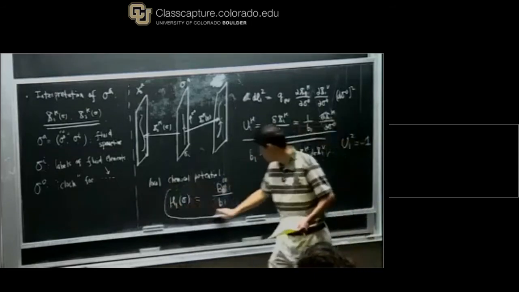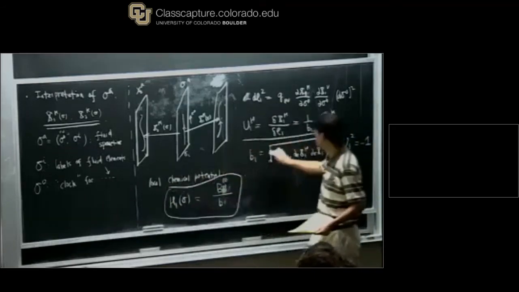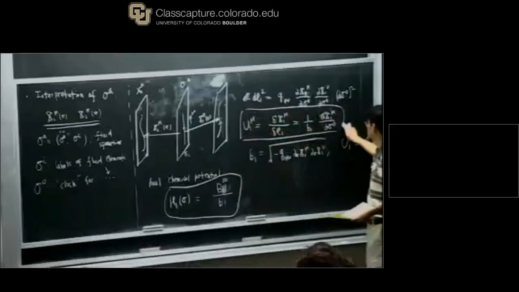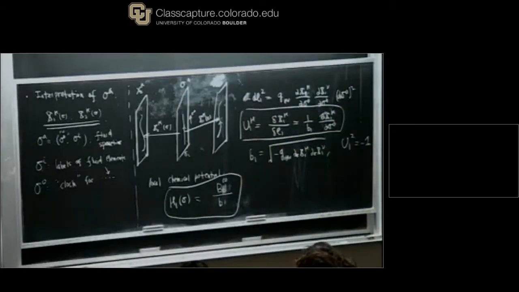Similarly for the velocity. So now we see in this formalism, indeed the velocity and the chemical potential emerge as some kind of derived quantities, some composite field, just like the field strength in the Maxwell case.